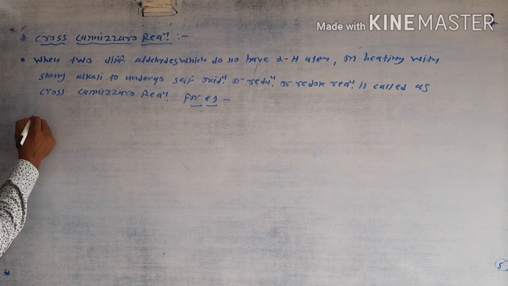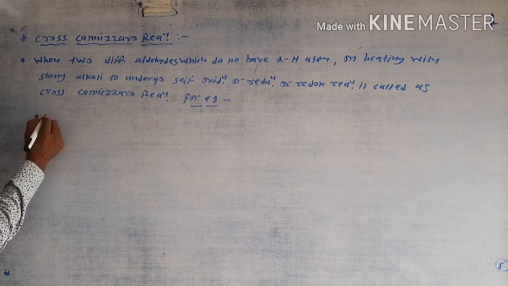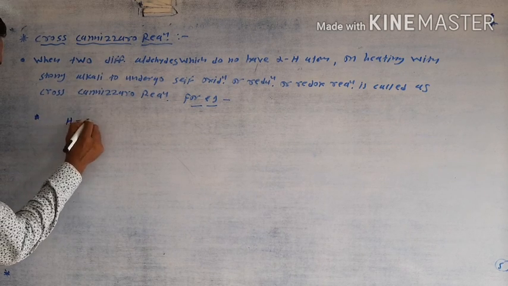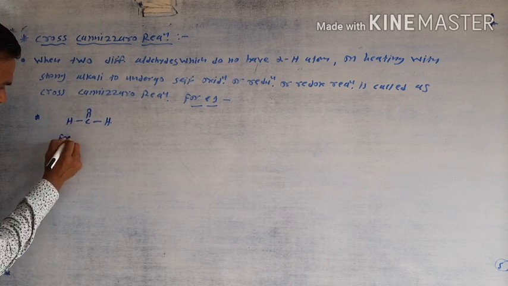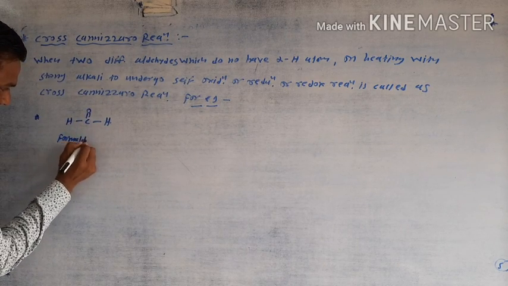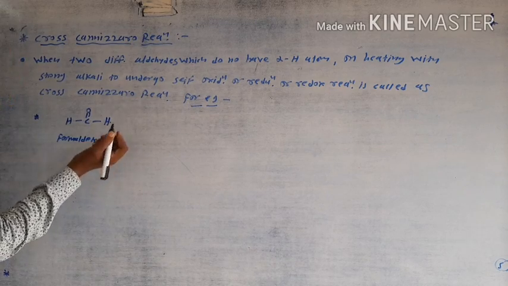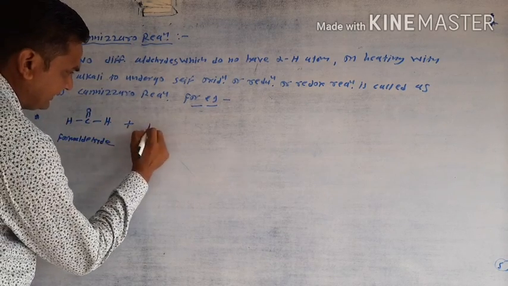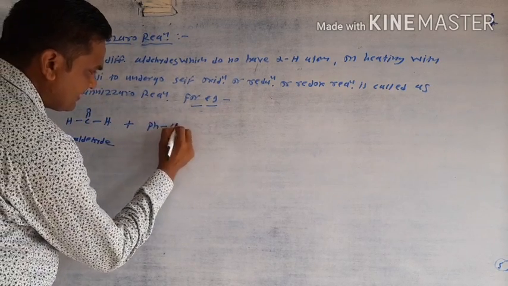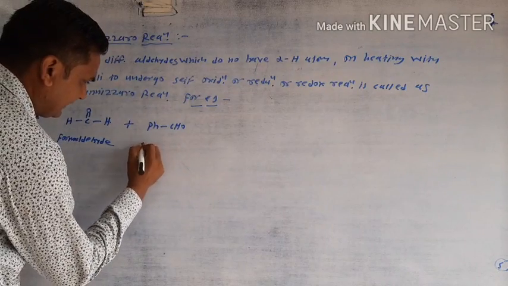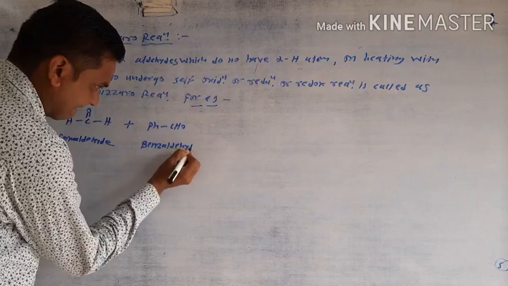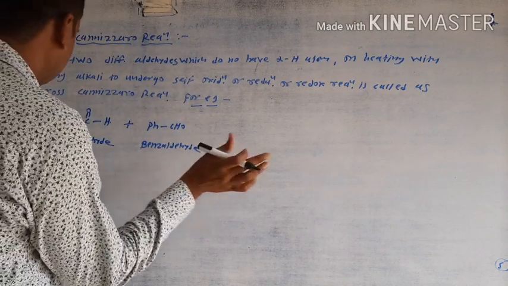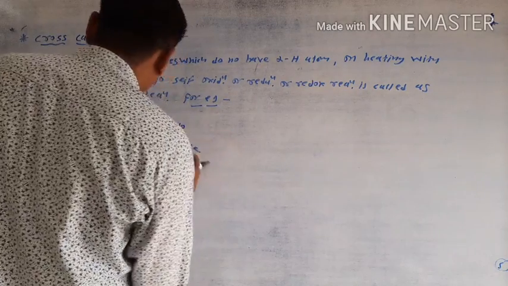For example, suppose that formaldehyde, which does not have any alpha hydrogen atom, and the second one, benzaldehyde, which also does not have any alpha hydrogen, are both aldehydes.